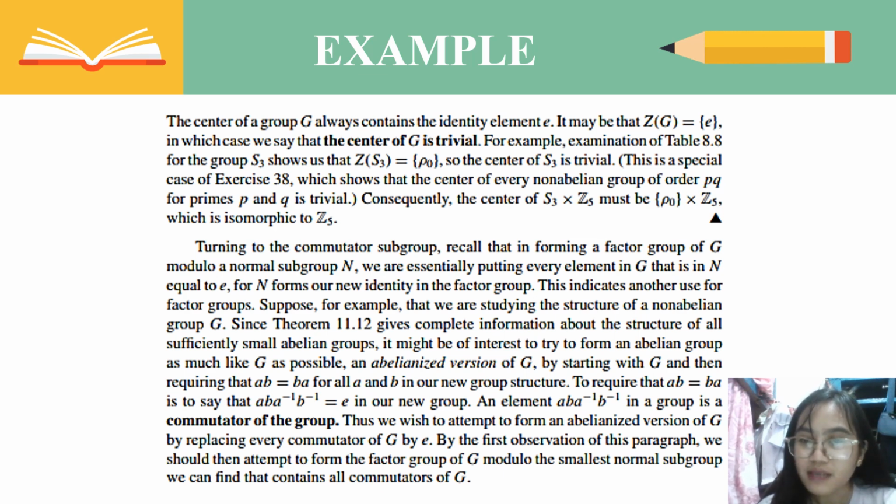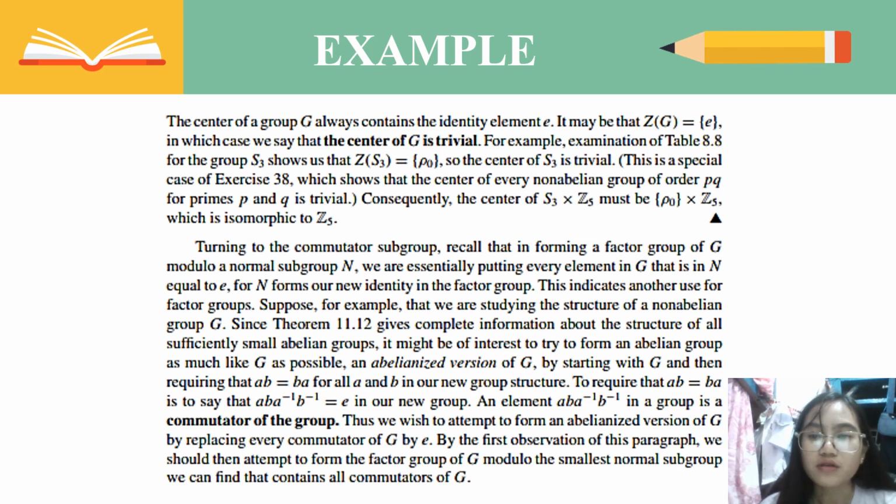So the center of S sub 3 is trivial. This is a special case of exercise 38, which shows that the center of every non-abelian group of order pq for primes p and q is trivial. Consequently, the center of S sub 3 times Z sub 5 must be P sub 0 times Z sub 5, which is isomorphic to Z sub 5.